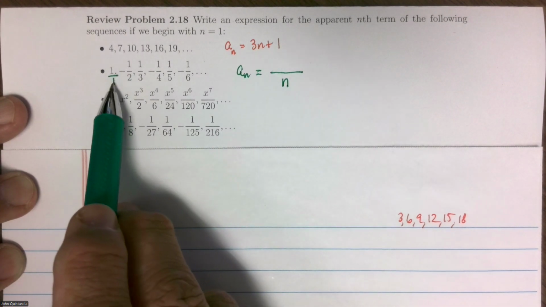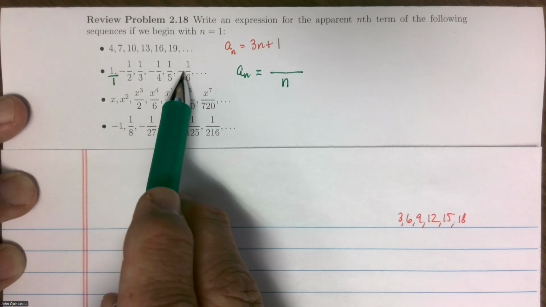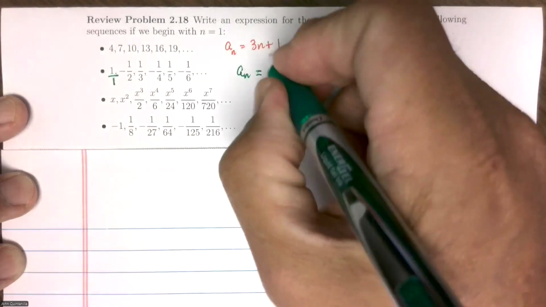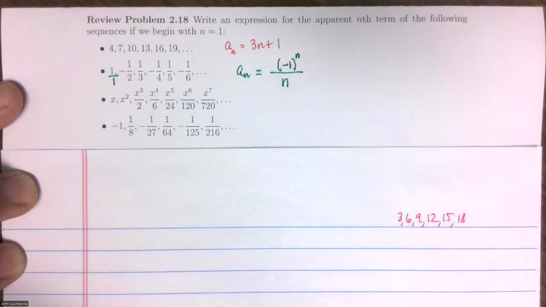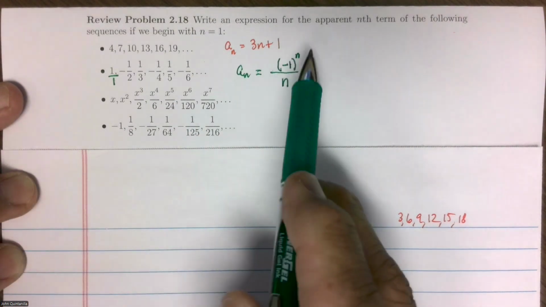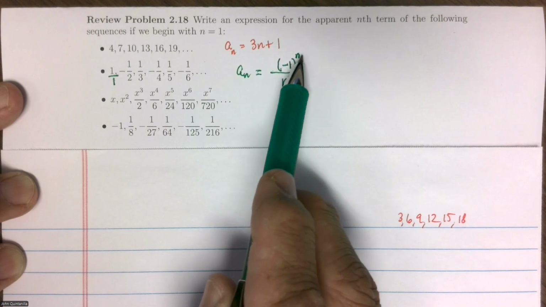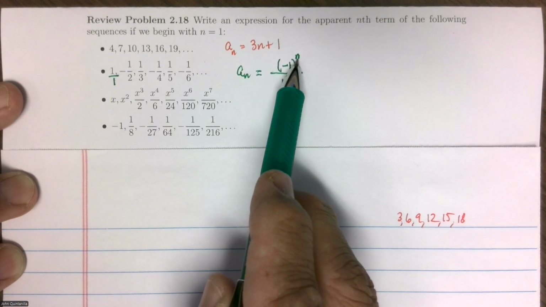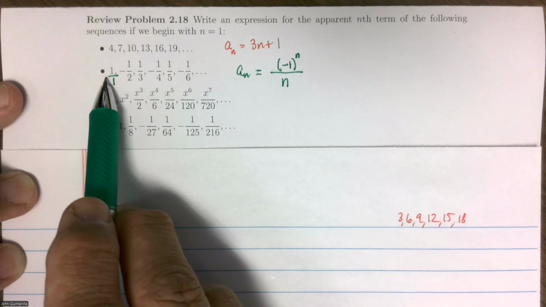Now on top, I have a 1, negative 1, 1, negative 1, 1, negative 1. And so that clearly follows the pattern negative 1 to the n. Now, before I stop this, let me take a good look at this. If n is equal to 1, negative 1 to the first is negative 1. So that's not what I want here. I want this to start positive, not starting negative.